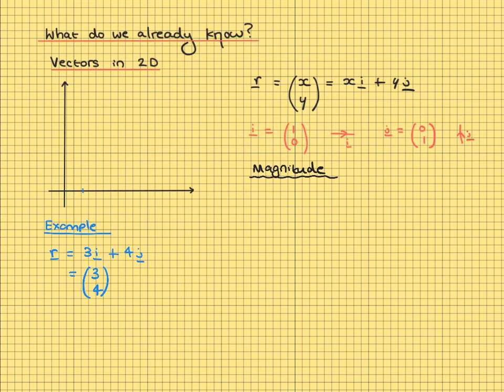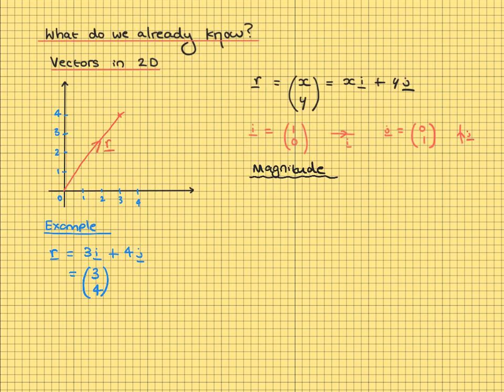So, for instance, if I decide that on my scale here, these are the markings on the axes, then if I want to draw this as a vector, I want to go 3 units along, 4 units up, and then if I join up from there to there, I can create my vector r.